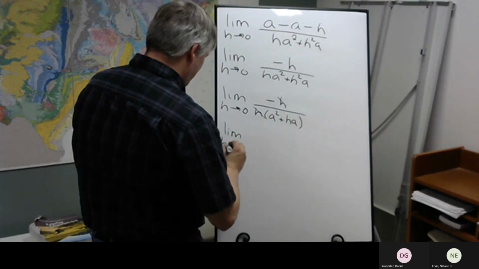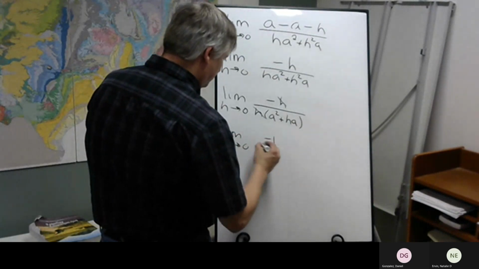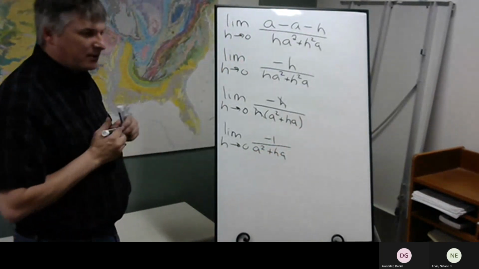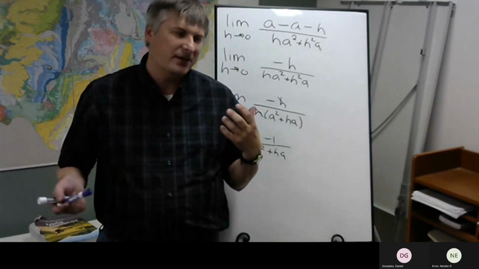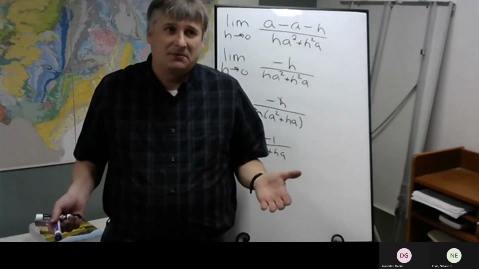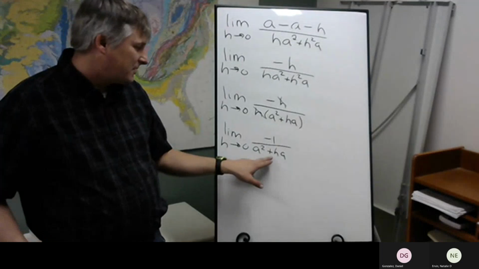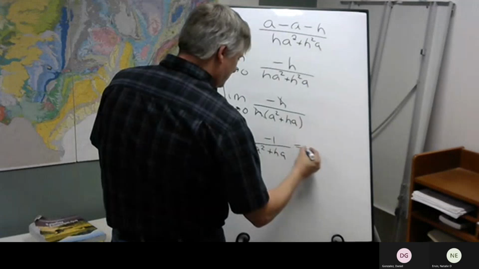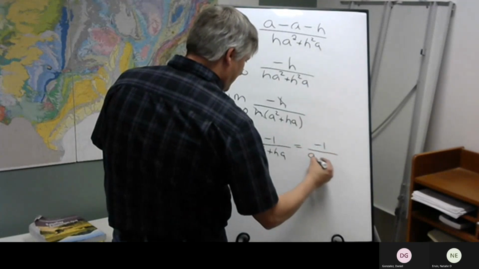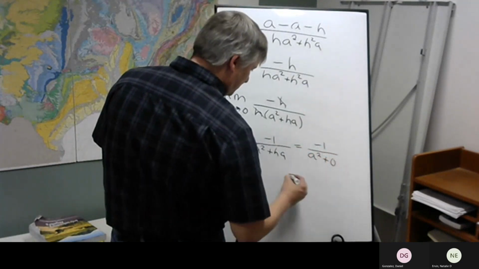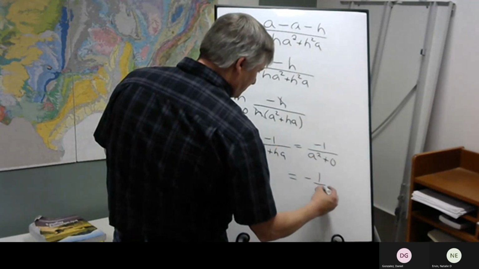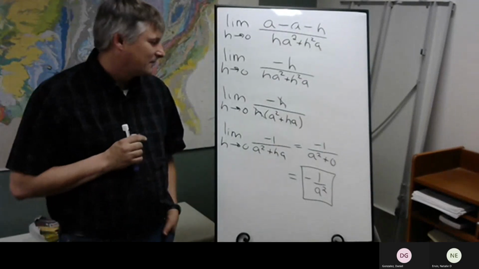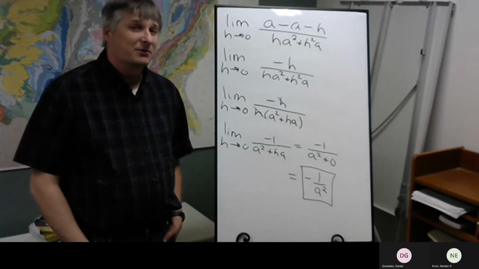Limit as h just goes to 0, we get negative 1 over a squared plus h a. And at this point, we can think about those dominating terms, where we say, okay, for all intents and purposes, h is going to be 0. So this is going to be practically 0. So what we'll get, a squared plus 0, or negative 1 over a squared. And that's going to be our derivative.